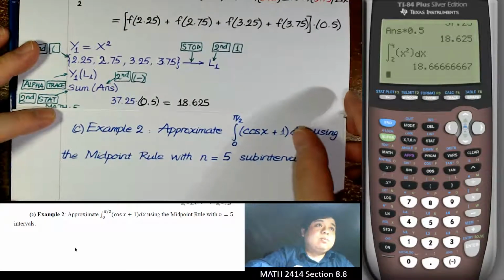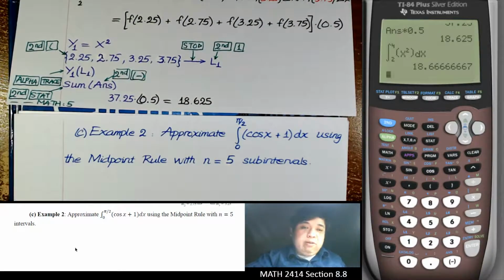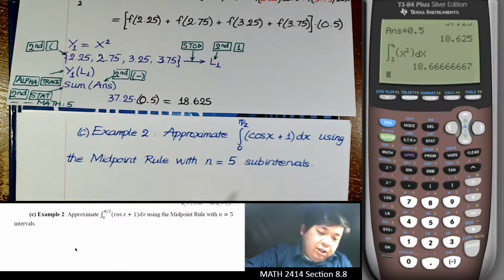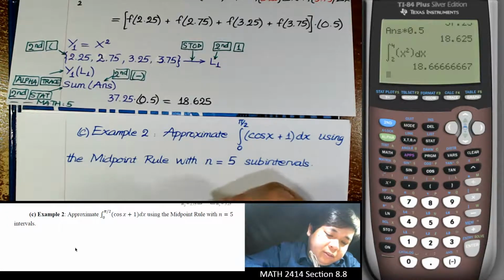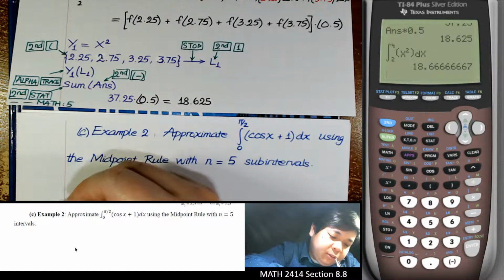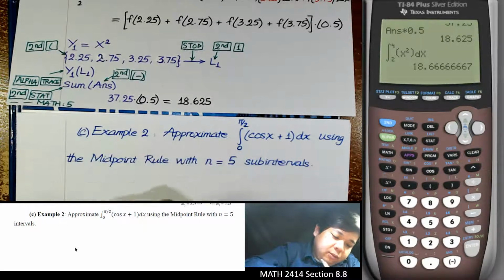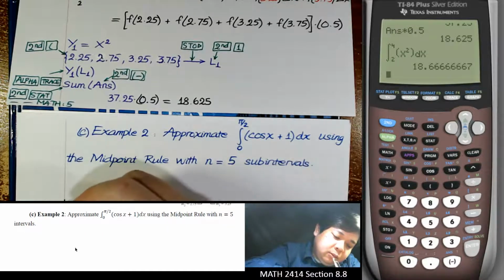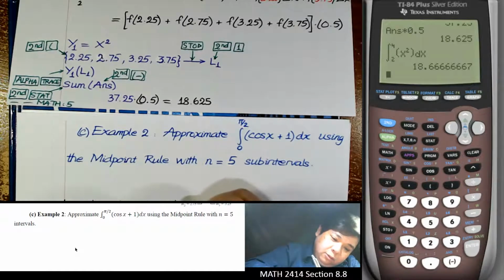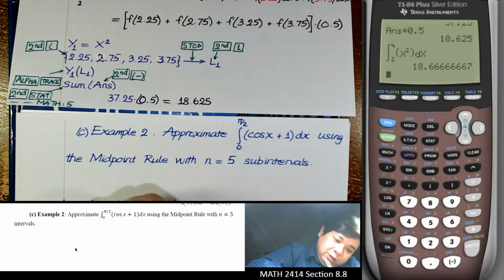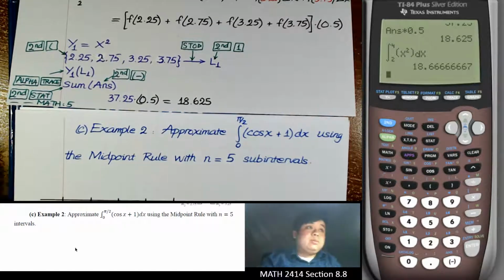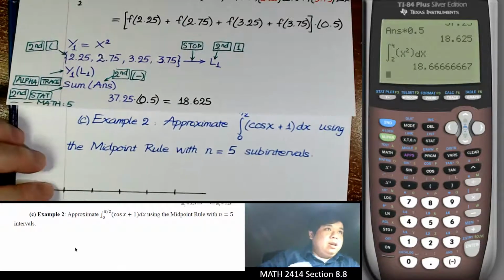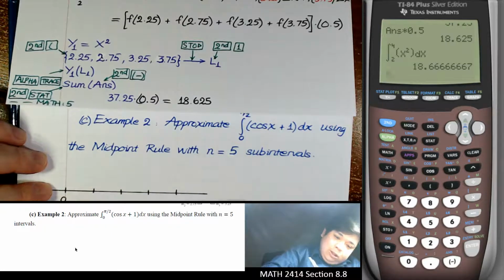So in general, we have from 0 to pi over 2. Right, from 0 to pi over 2.